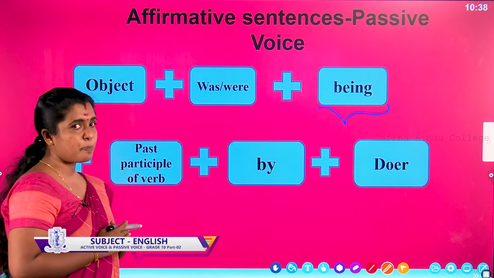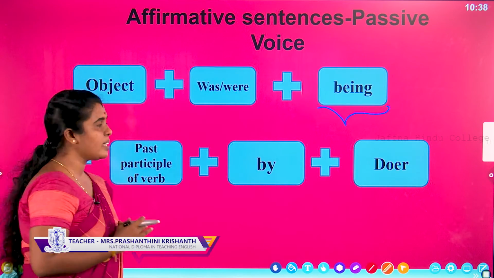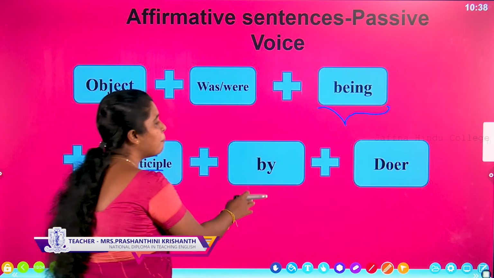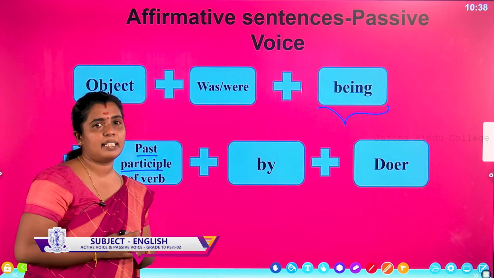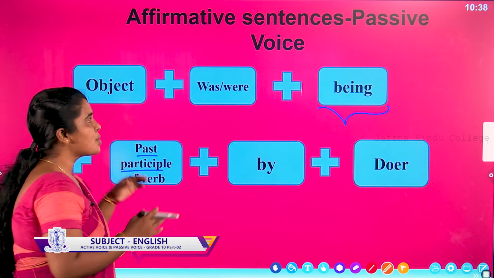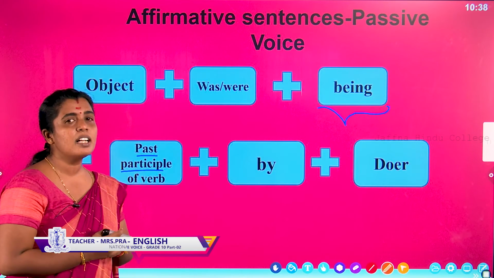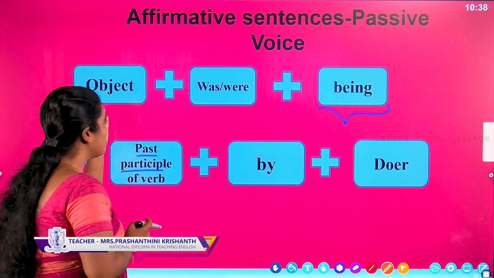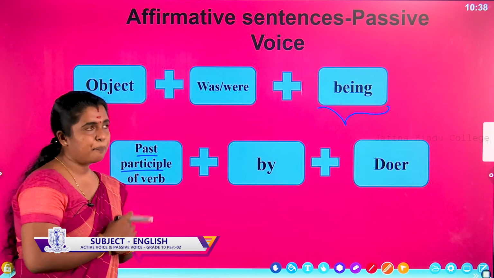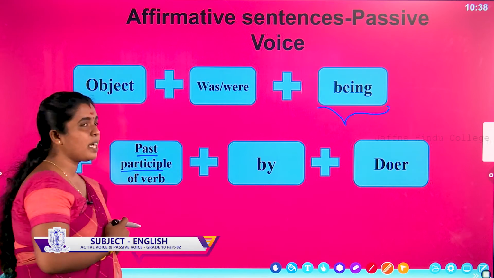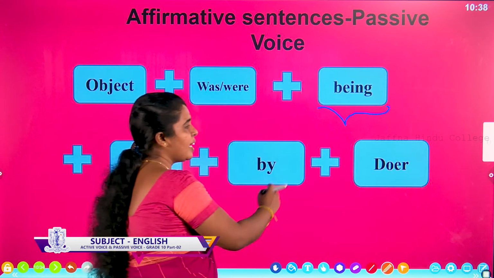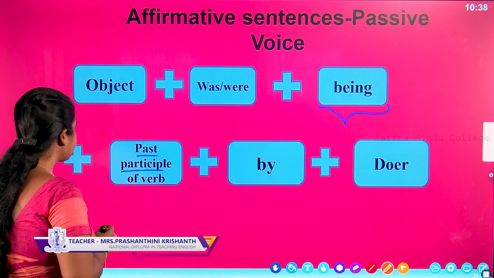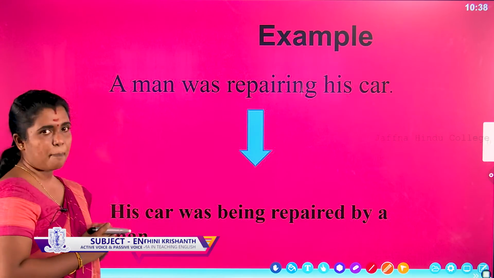Then past participle of the main verb, right? Passive voice means past participle of the main verb. Then by, finally we have to add the doer, right? So this is the structure of passive voice affirmative sentences, past continuous tense. Object plus was or were, then being, then past participle of verb, next by, and finally we have to add the doer, right?